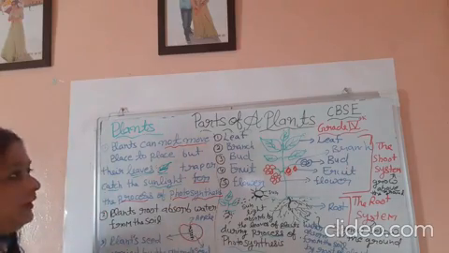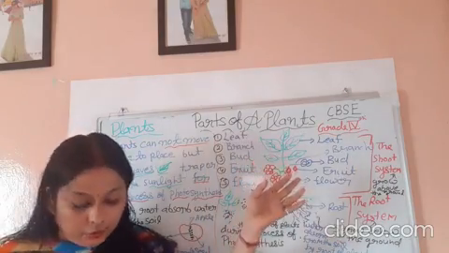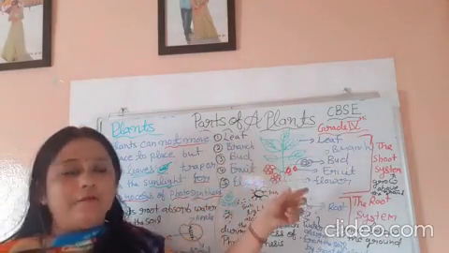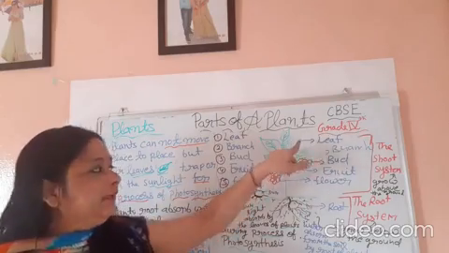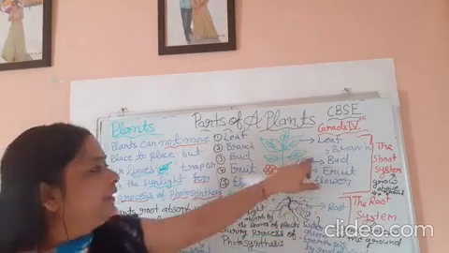So this is a brief description of the parts of plants. Let's revise again. This is a diagram of a plant. This is a leaf, bud, fruit, flower, and branches.